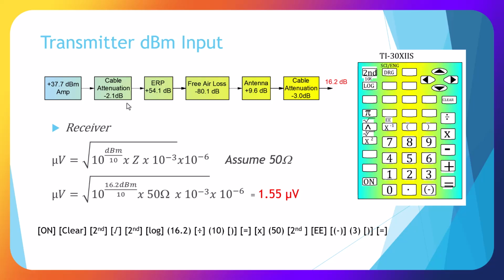From our cable attenuation coming out of our amplifier minus 2.1 dB, which we found from our other ERP online calculator. Our antenna gain is plus, free air loss is minus 80.1 dB. Our antenna gain going into our receiver, so we come up with a total of 34, and our cable attenuation going into our receiver minus 3.